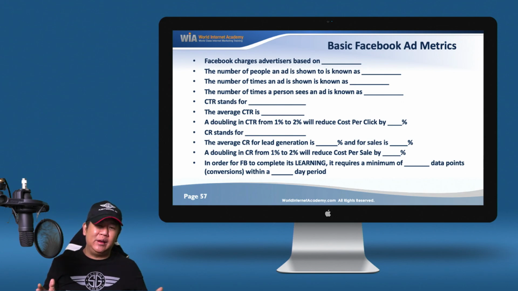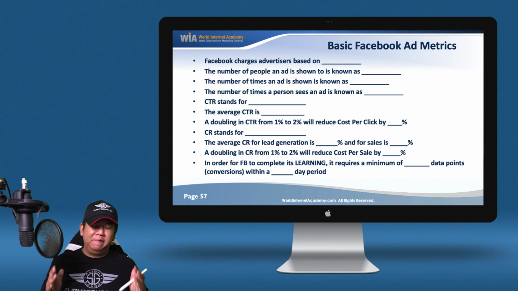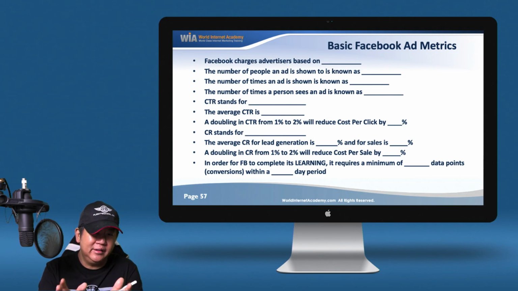Now, what happens when Facebook completes its learning? When Facebook completes its learning, it has a fairly good idea of who your target audience is, and it would help you find more similar customers within the audience that you define.